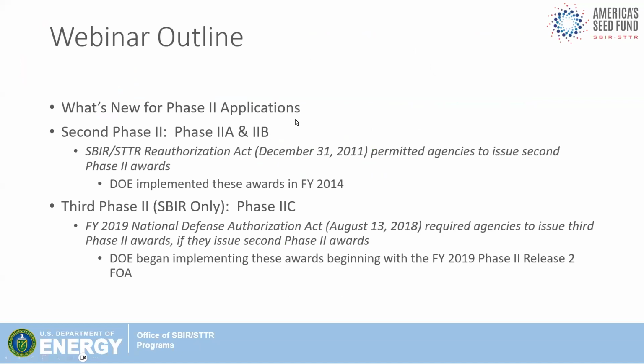We have a longer introductory section today, just talking about what's new for Phase 2 applications, because we have made some changes since some of you may have applied for your first Phase 2 or Phase 1 a few years ago. Some of those changes affect both Phase 1 and Phase 2, and some are just for Phase 2. Then we'll spend some time talking about the second Phase 2 awards and the third Phase 2 awards.